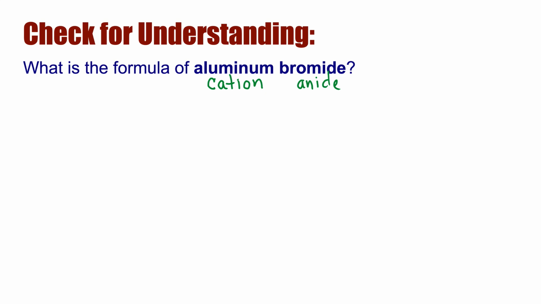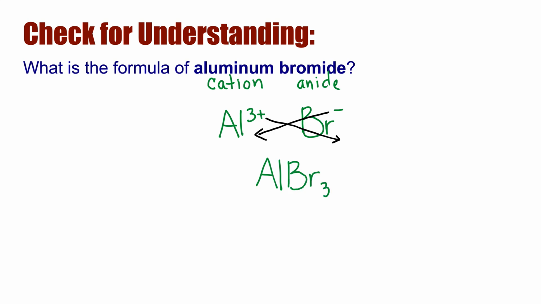I'm following all of my same crisscrossing steps. I write the cation on the left, the anion on the right. I then use the crisscrossing in order to figure out the subscripts for each element in the formula unit, and I get AlBr3 as the correct formula unit. So now you're going to be given the actual name of the ionic compound, and you need to be able to produce the correct formula.